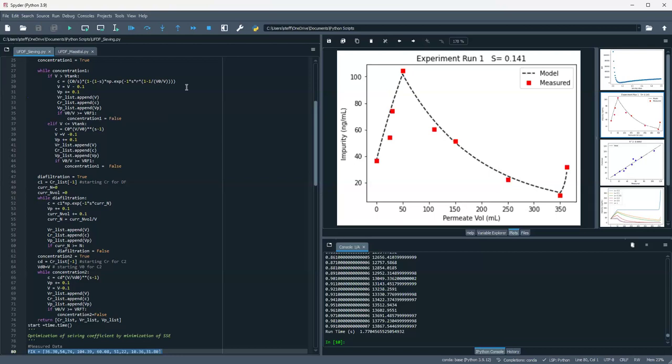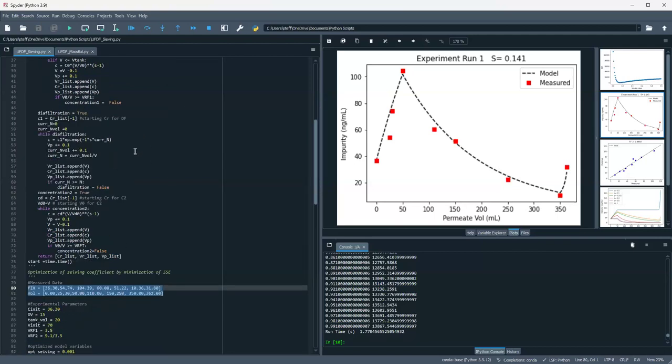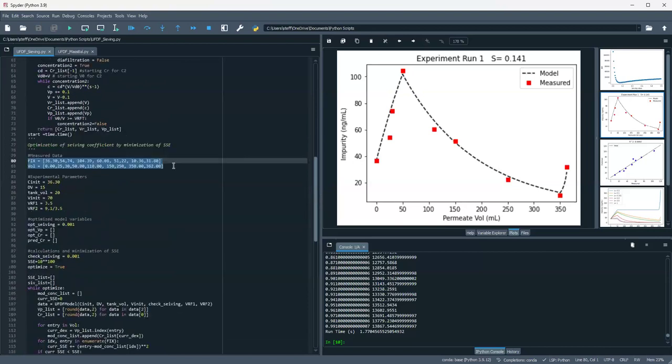You'll record the permeate volume at which you sample, and you'll get some concentration of that sample from whatever assay is used. Then you can effectively model that clearance over the course of the unit operation purely by entering the concentration, which I've listed here as fix, and then the corresponding permeate volume in vol.